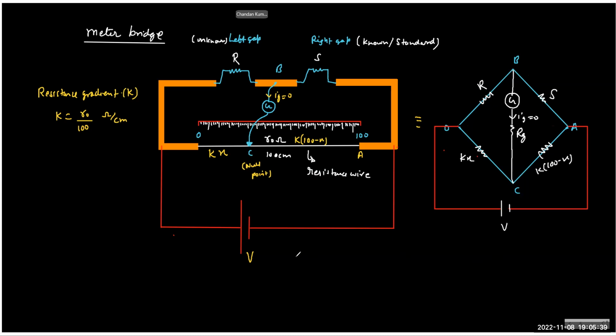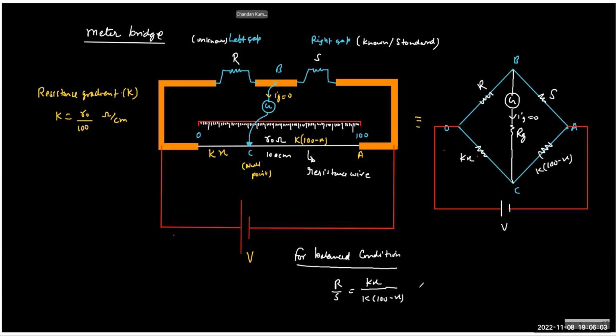So for balanced condition, you must write R by S is kx upon k times 100 minus x.